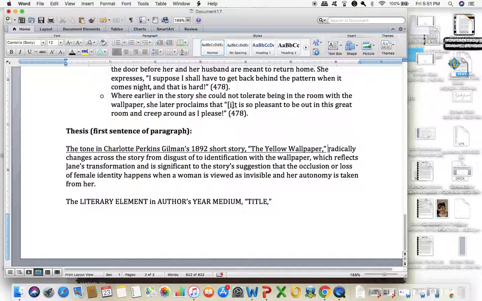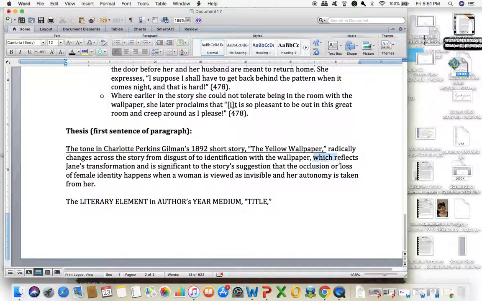So then what I go on to do is I talk specifically about the tone. And specifically the thing I wanted to talk about, which is the changing tone across the story, and I explain here's how it changes. It changes from disgust of to identification with the wallpaper.